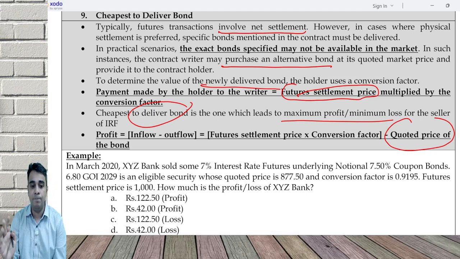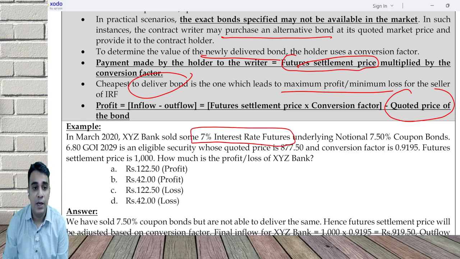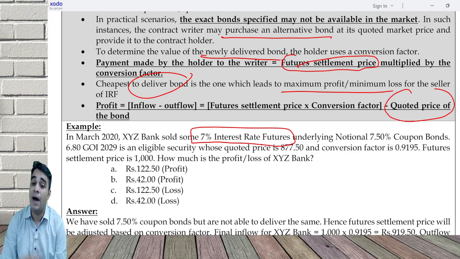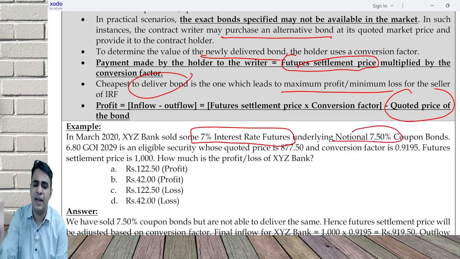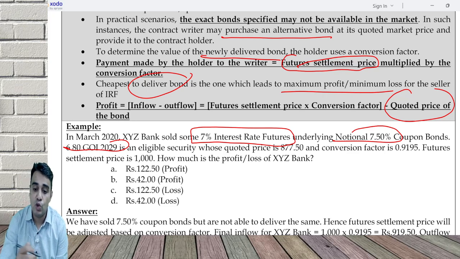I'll explain again. For example, I sold a 7% interest rate future. If you sold a 7% interest rate future, you should find a 7% bond and give it to the other person. Unfortunately, the market does not have that bond. So I found a 6.8% GOI 2029, whose quoted price is what?